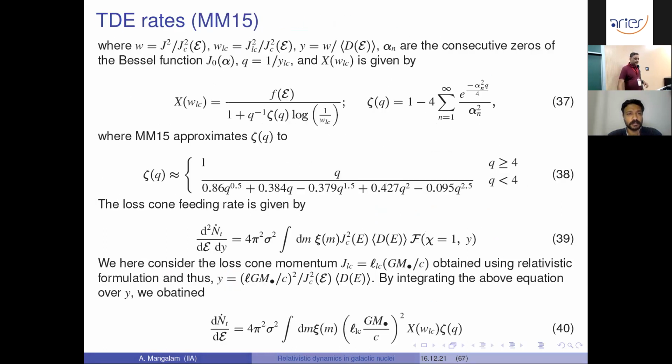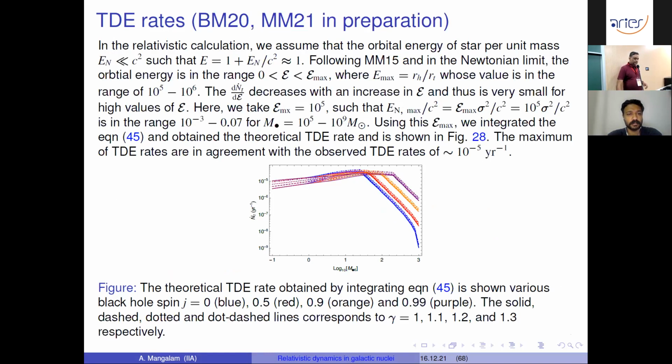you find that the rates are fairly interesting, in the sense that if it's relativistic corrections, then you're within the observed regime, and there's also a peak as a function of mass. After a certain higher mass, it drops off significantly. So this is an important clue for formation of black holes.